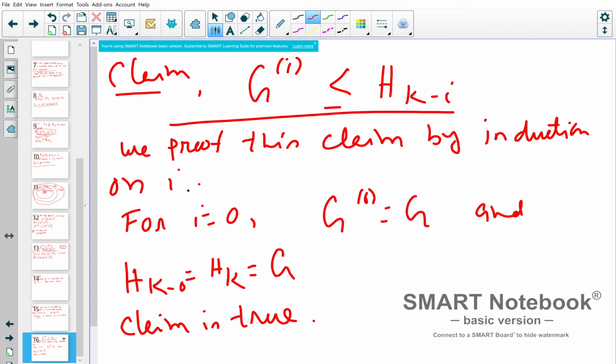Now we assume the claim is true for some i, and we check it for i plus 1.